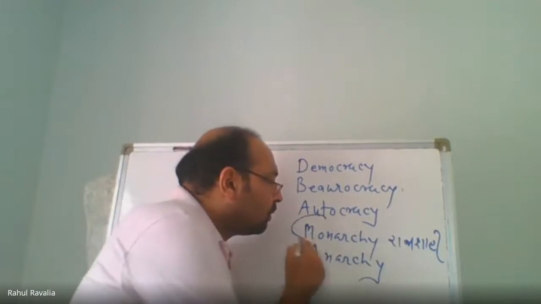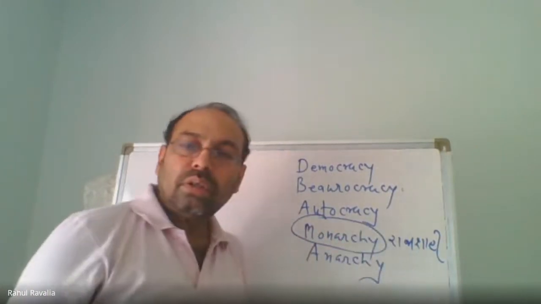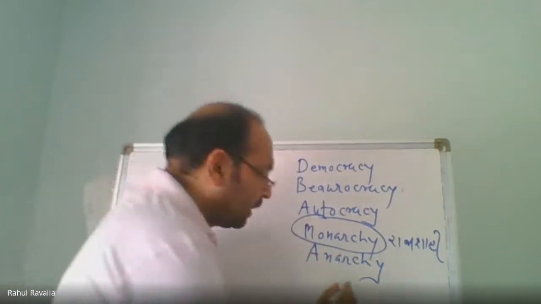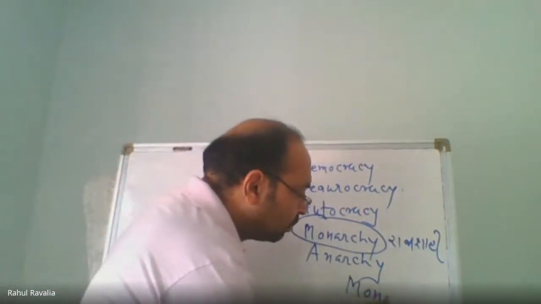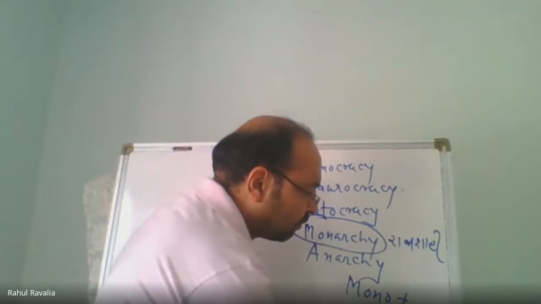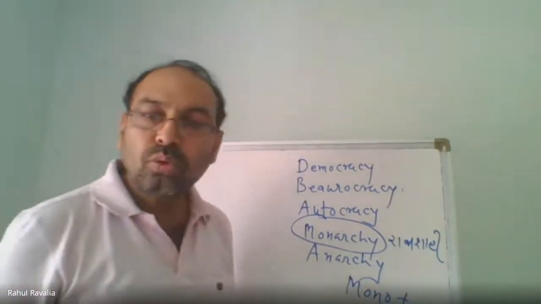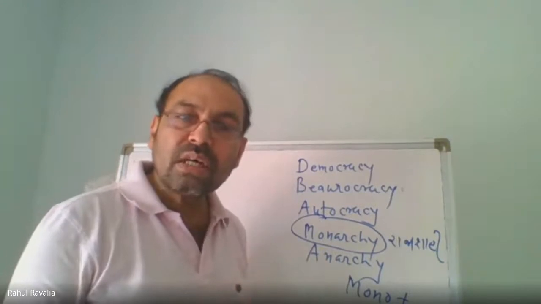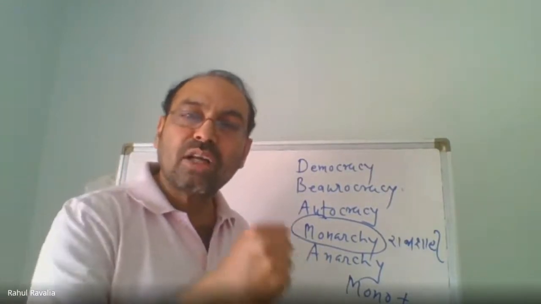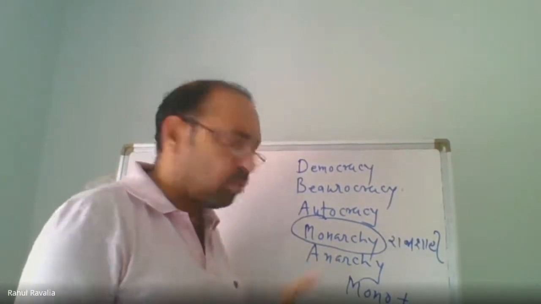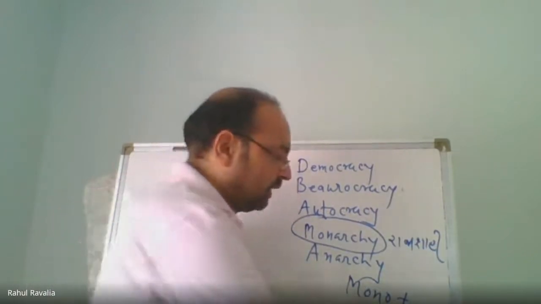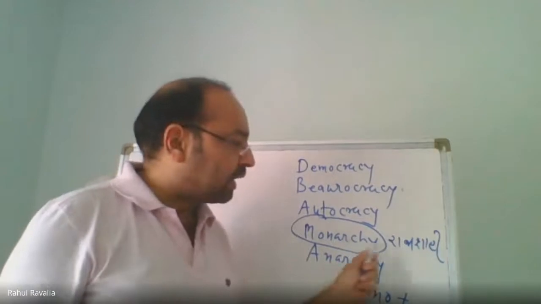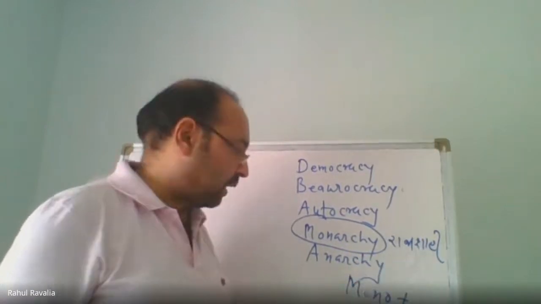Now, if you try to study this word monarchy, it is made of two morphemes, mono plus archy. Arc means head. Arc means boss. Mono means single. If there is a single boss, then it is called monarchy or Rajashahi.